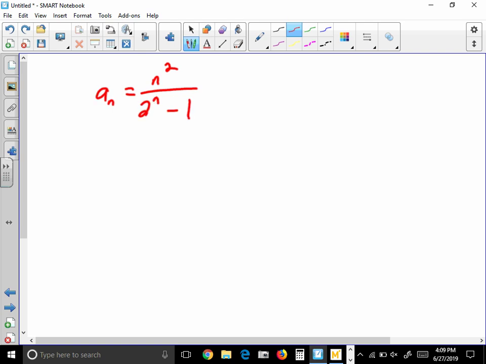Let's just list some terms in this sequence. If we plug in a 1, we get 1 over 2 minus 1. If we plug in a 2, we get 2 squared over 2 to the second, so 4 minus 1. If we plug in a 3, we get 3 squared over 2 to the third minus 1. If we put a 4 in, 4 squared over 2 to the fourth minus 1.